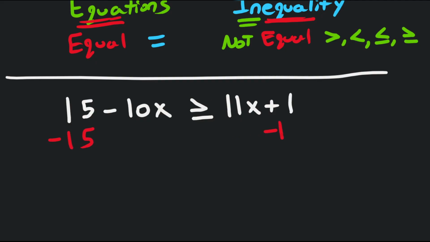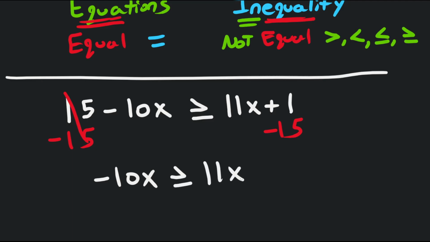So negative 15 on both sides. We are left with negative 10x is greater than or equal to 11x plus 1 minus 15. You can combine those. That's minus 14.